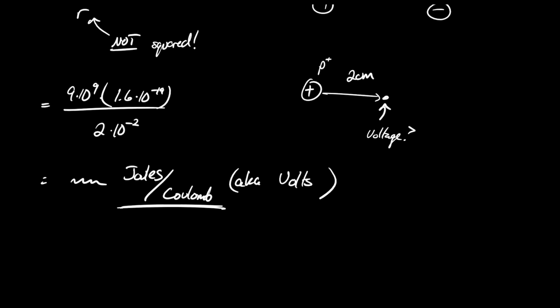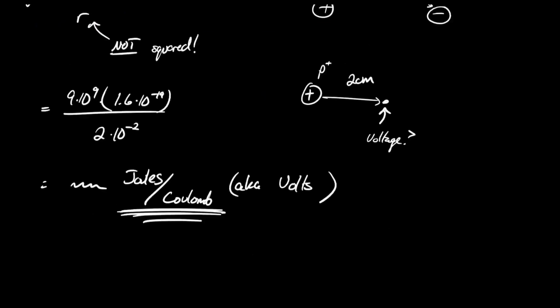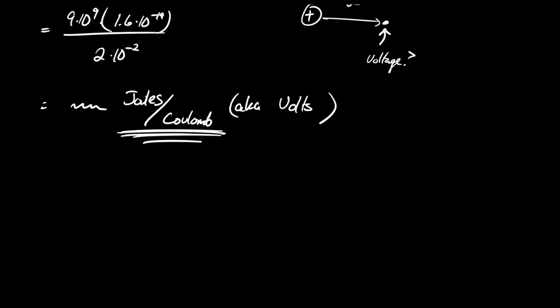Now, my earlier analogy of why electric field's units are newtons per coulomb: why does that make sense? The answer was that there's this simple formula for relating the two. You take the newtons per coulomb, multiply by the number of coulombs, and that gives you the number of newtons. Here, it's the exact same deal. All you have to do to voltage is multiply it by the charge of an experiencing object, and that will tell you the potential energy of the charge being in that place.